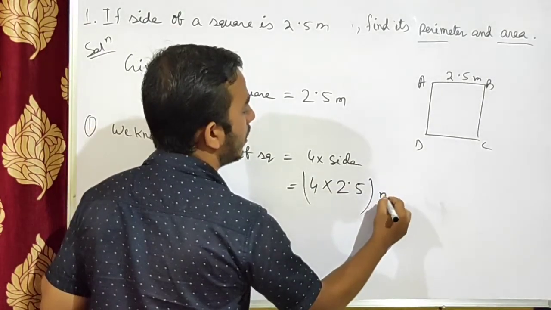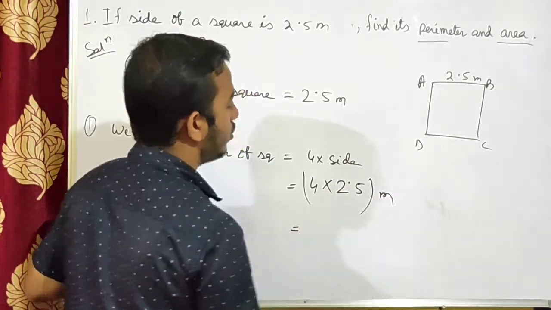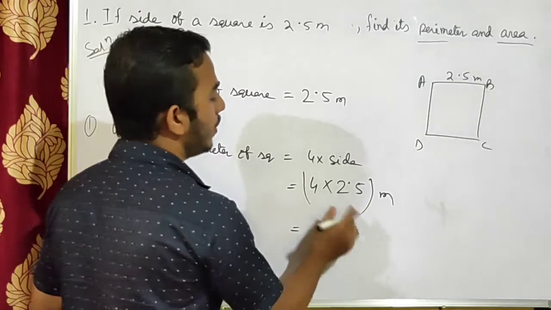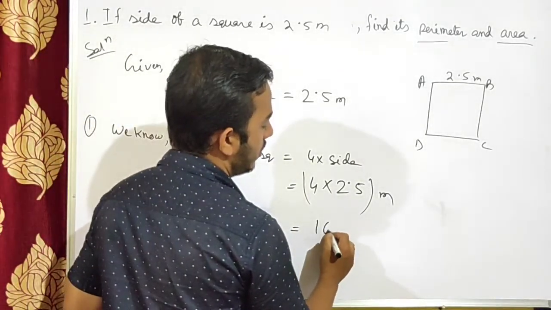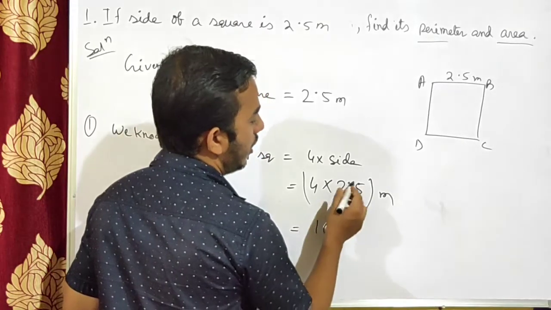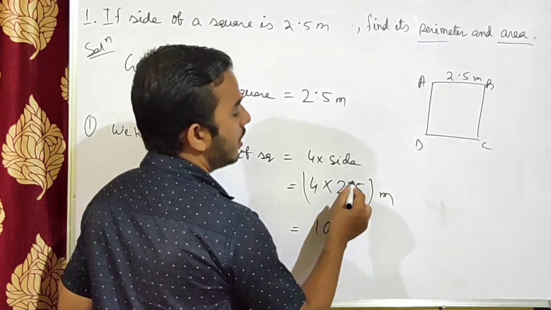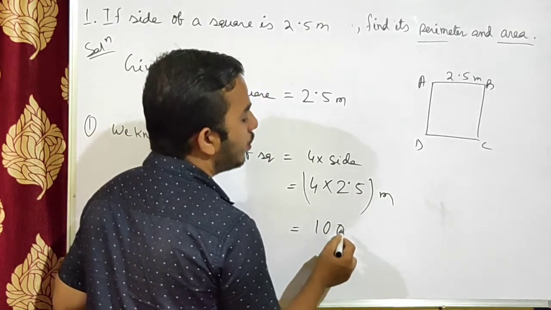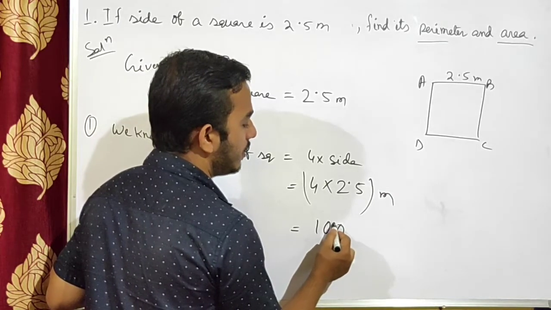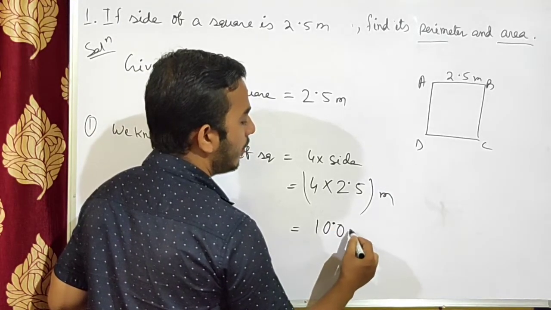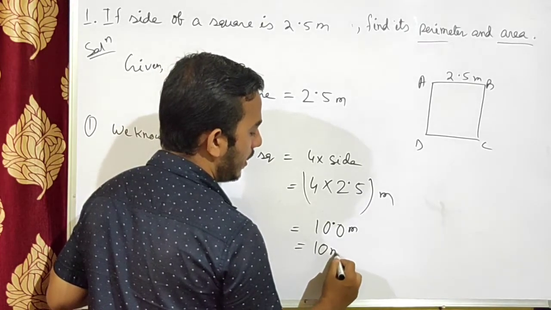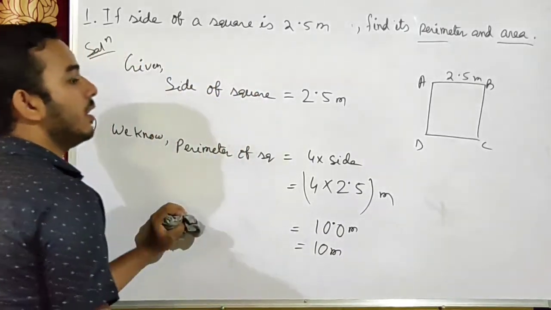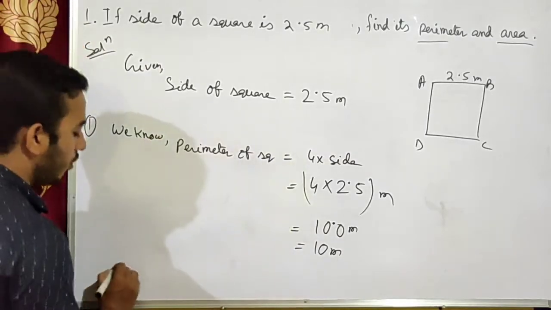Unit is what? Meter. Now 2.5 into 4 is how much? It is 100. Okay, now after the decimal point we have one digit, so we'll put the decimal before one digit. So it will be 10.0 meter, that is 10 meter. Clear?